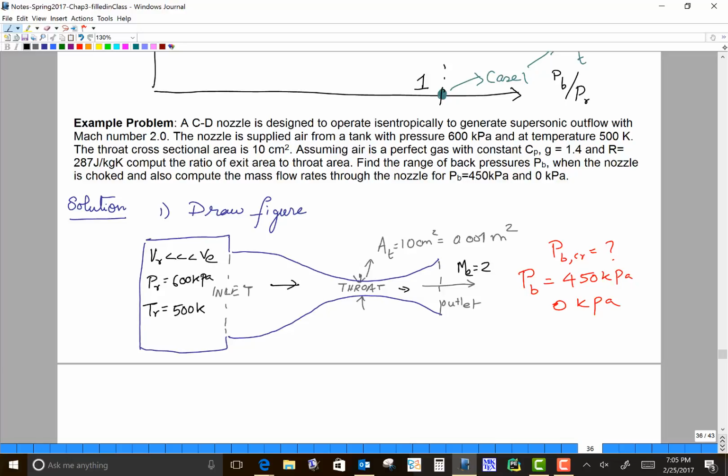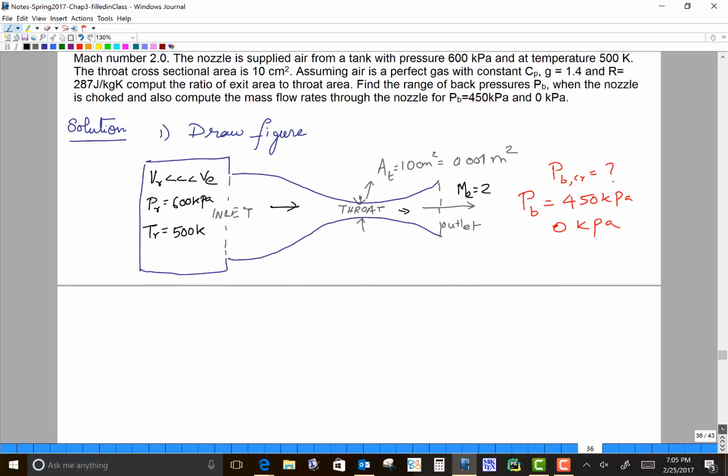Then the question is, find the range of back pressures Pb when the nozzle is choked, and also compute the mass flow rates through the nozzle for Pb equals 450 kilopascal and Pb equals 0 kilopascal. Okay, so this is based on the understanding that you must have developed over the past two lectures. I think this problem is a straightforward problem.